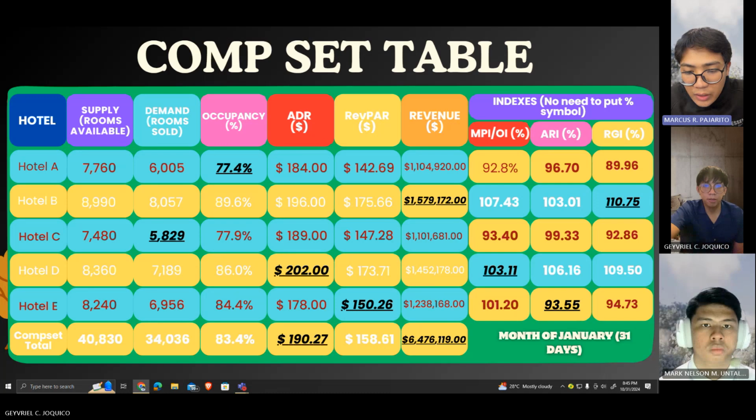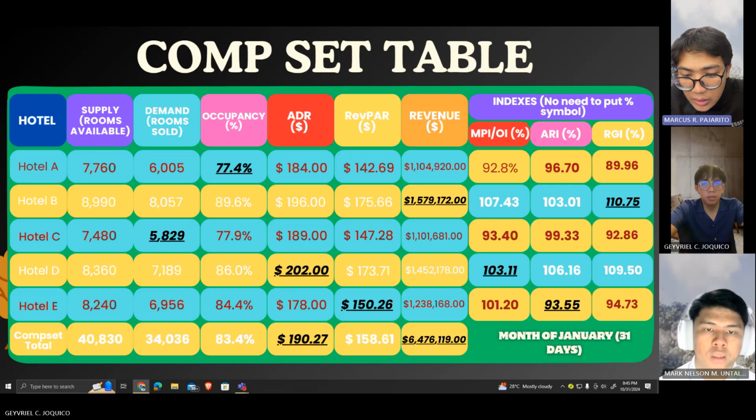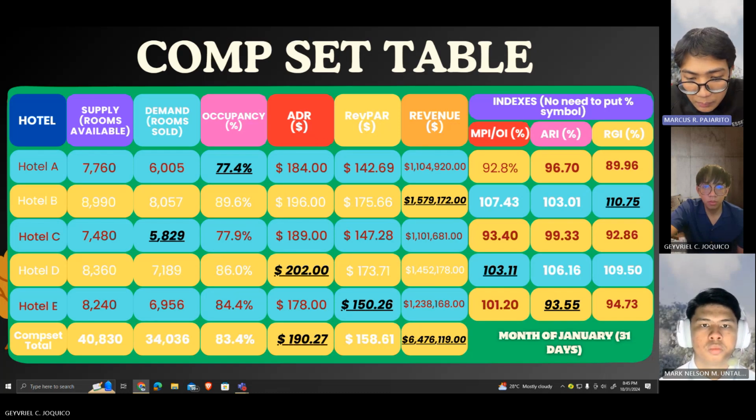As for number 11, the ARI for Hotel A is calculated by dividing the ADR by the ADR total and multiplying it by 100 within the month of January. The ADR for Hotel A is 184.00, while the ADR total is 190.27. Then multiplied by 100. In this case, Hotel A has an ARI of 96.70%.